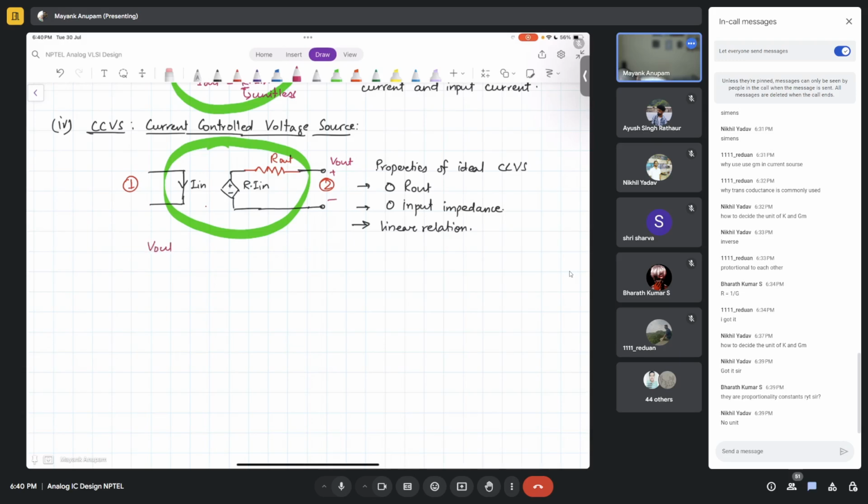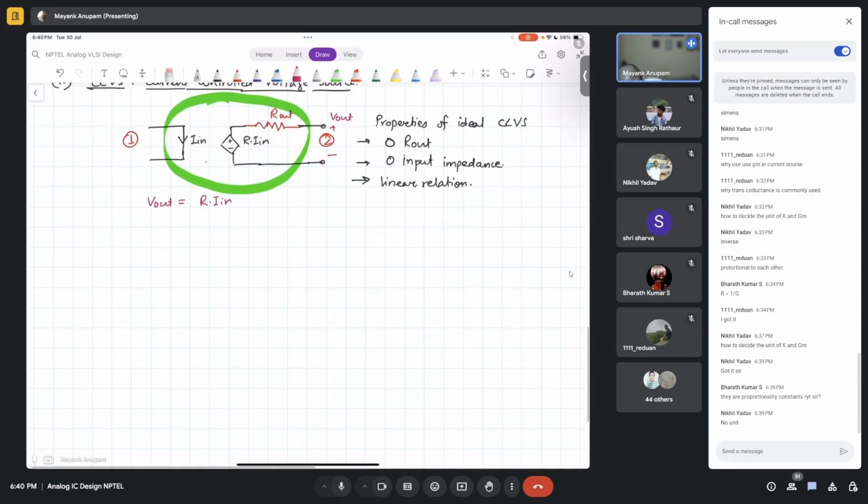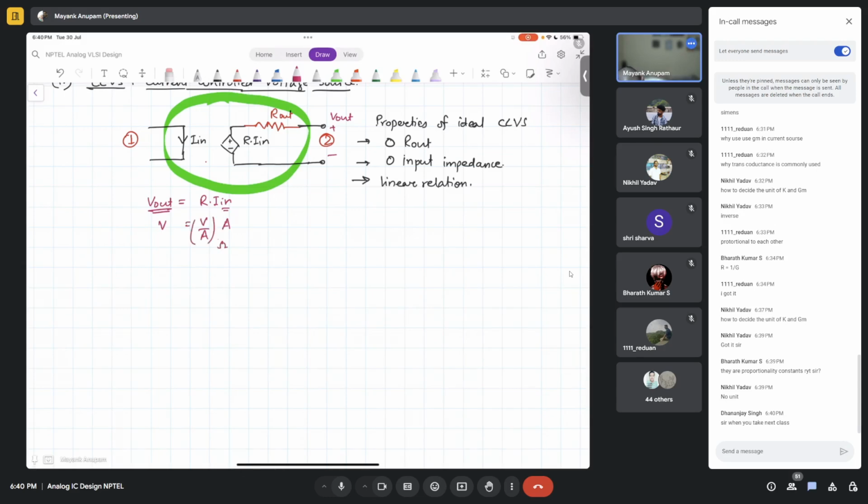So V out is equal to some R times I in, right? V out has the dimension of voltage, I in has the dimension of current. So R should have the dimension of voltage over current, or it should be ohms, right?